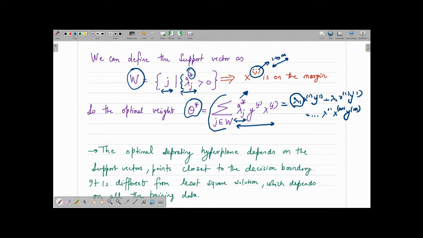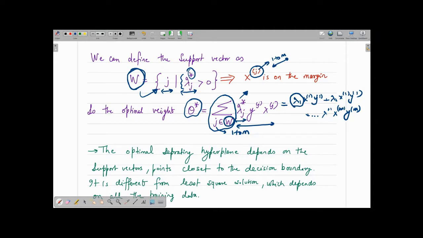So now, instead of the summation of j running from 1 to m, we are running over the set W, which contains all the non-zero elements having lambda greater than 0, and that will be only 2 or 3 or 4 or 5. If the whole data set is around 1000 samples, only 3, 4 or 5 will be your support vectors.